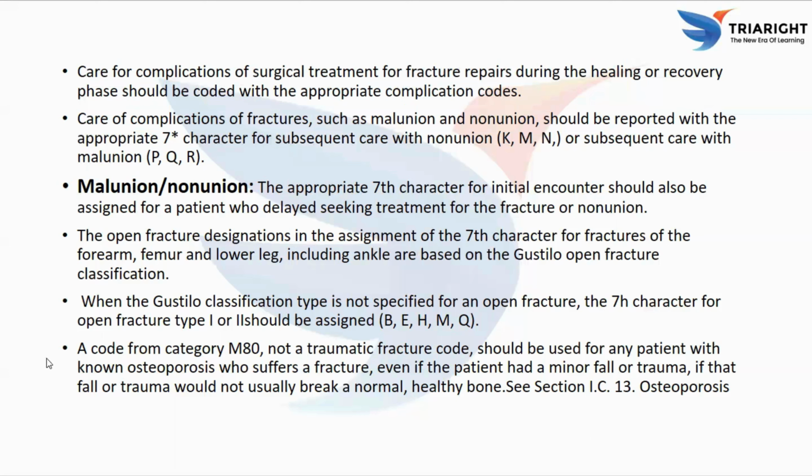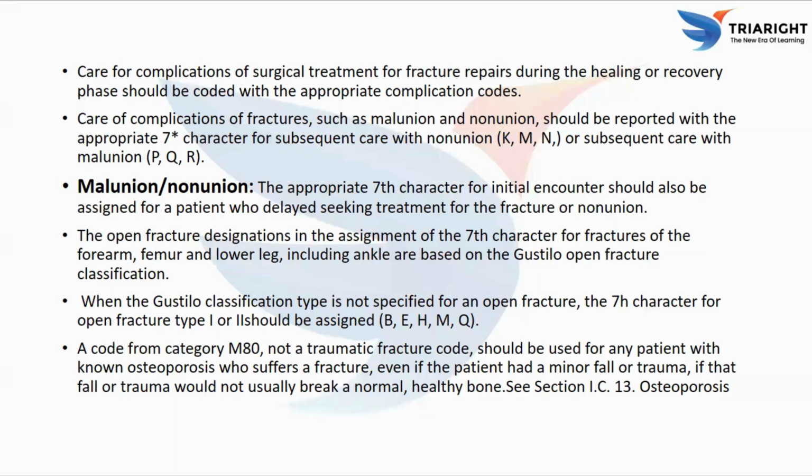Then osteoporosis related fractures. This is a very important guideline regarding osteoporosis. If a patient has osteoporosis and sustains a fracture from a minor fall or minimal trauma, do not use traumatic fracture codes, that is from the S00 to T88 category. What is the correct coding? You have to use category M80, osteoporosis with current pathological fracture.